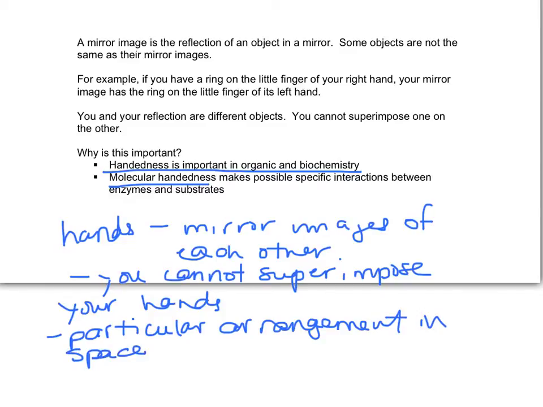Okay, this is what makes possible the specific interactions between enzymes and substrates, or drug interactions with receptors. When you have this handedness, you are said to be chiral.